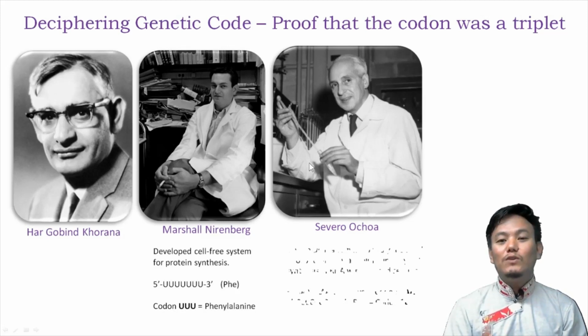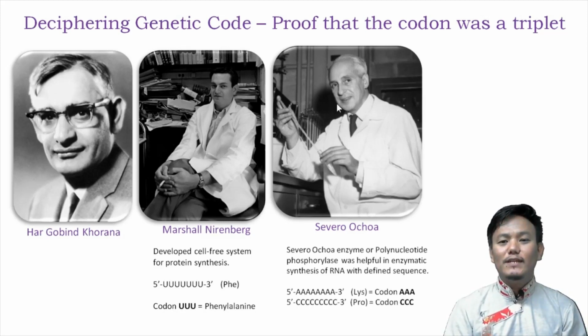In continuation, what scientists in his lab did was, they produced an enzyme, Severo Ochoa's enzyme, polynucleotide phosphorylase, which helped in the synthesis of RNA with defined sequences. So they synthesized a different kind of RNA, which contained adenine only.